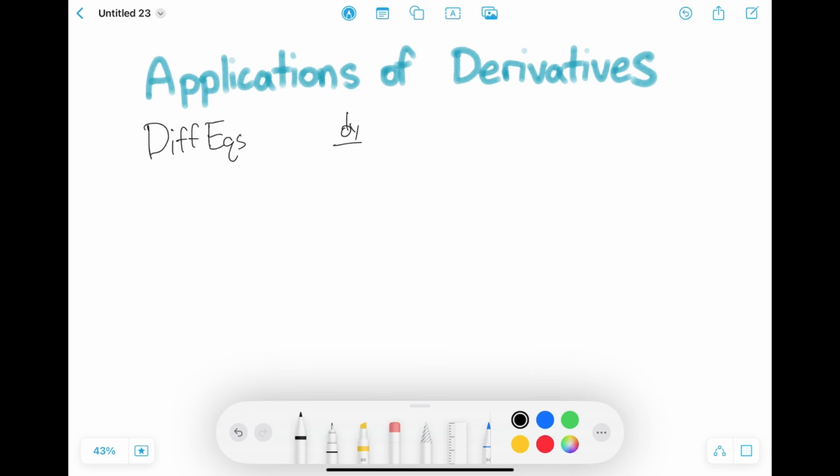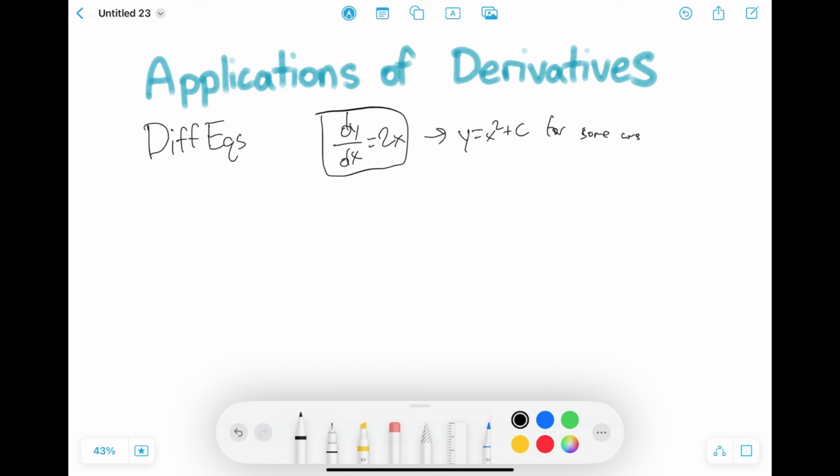So for instance, something as simple as this is a differential. And one of the biggest topics, especially in Calc 2 with all the integration, is being able to solve these. So for instance, saying that all the functions that satisfy this are equivalent to y equals x squared plus c for some constant c.